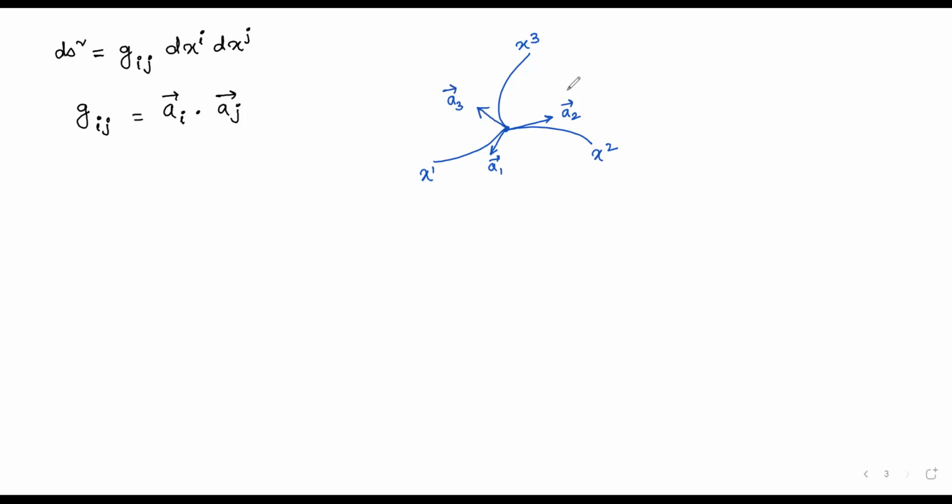These are the tangent vectors to the x1, x2, x3 curves at this point P. Okay, this is fine. And we saw that this is actually 9 terms in 3 dimensions.